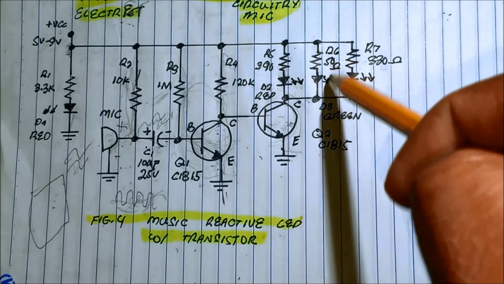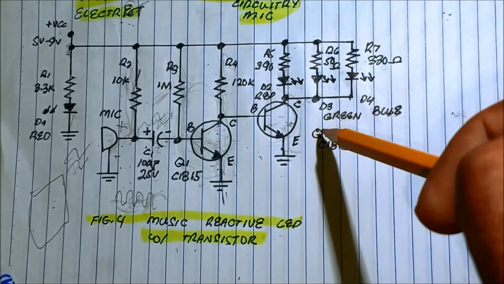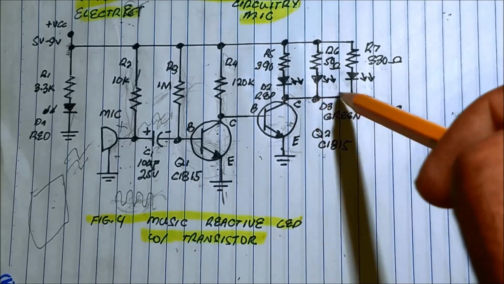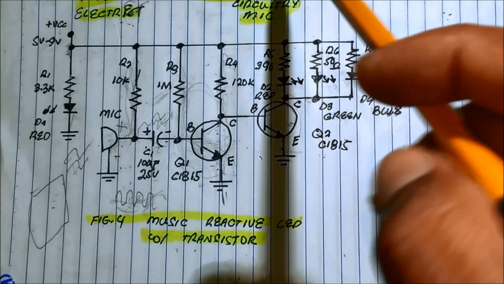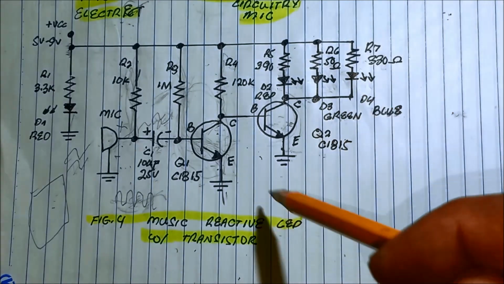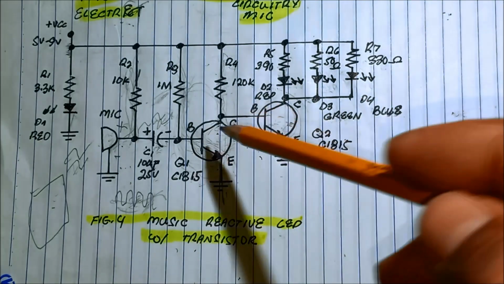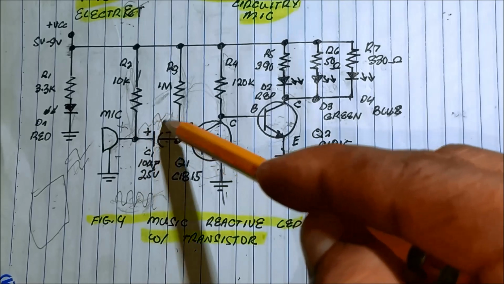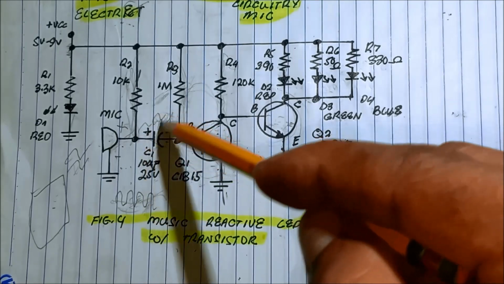I am using 50 ohms for the green in order to produce a bright light for the LED. Okay. What happened to the audio or the sound waveform?